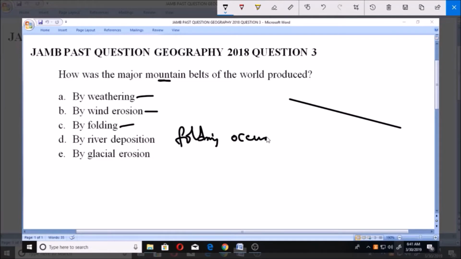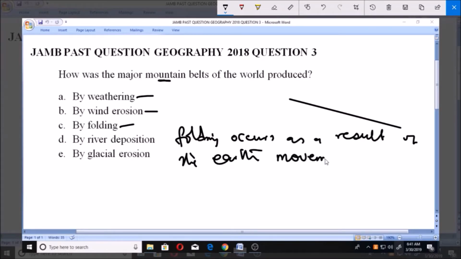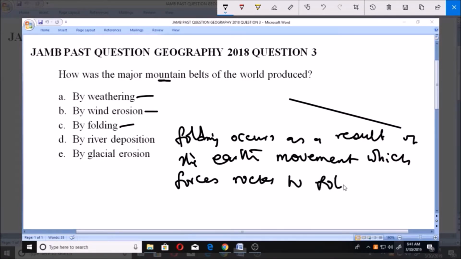Folding occurs as a result of the earth movement. So the term folding in geography actually occurs as a result of earth movement, which forces rocks to fold in form.